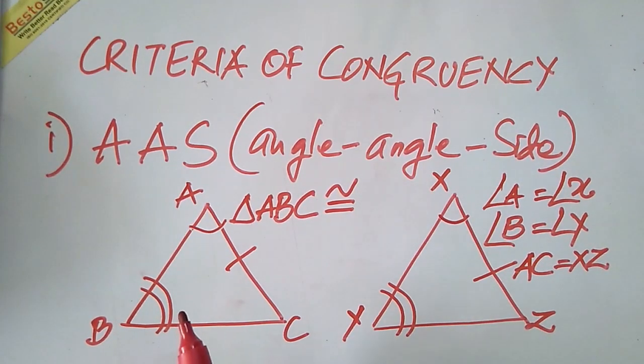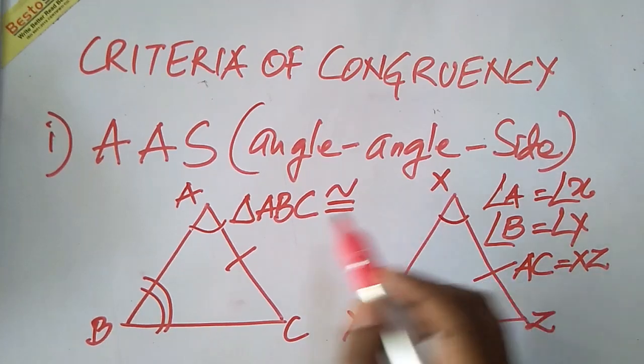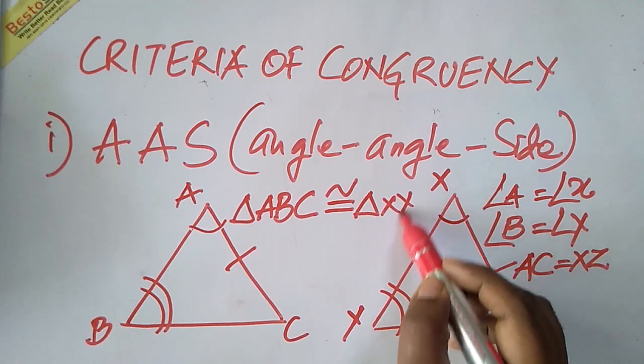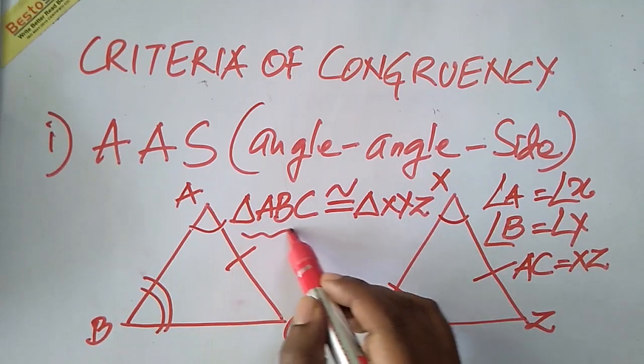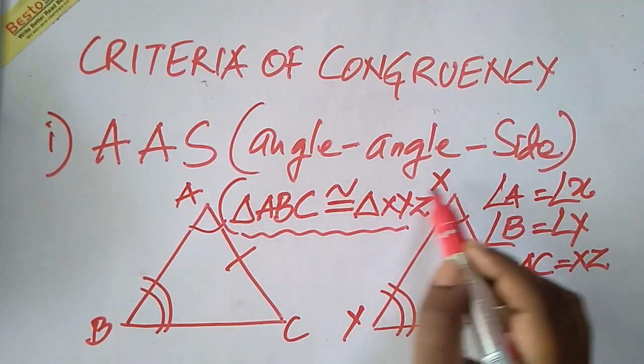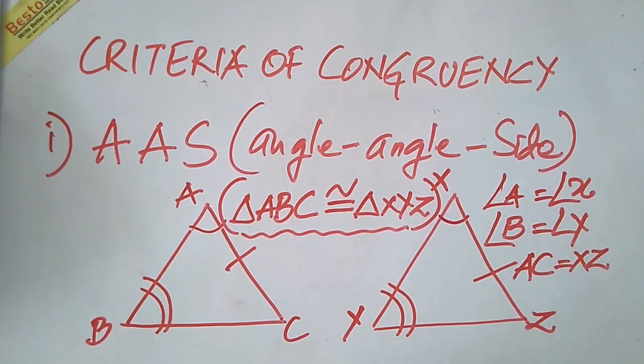This is the symbol to show congruent. That means triangle ABC is congruent to triangle XYZ, right? Now if this fulfills this first criteria, then we will say that these two triangles are congruent.